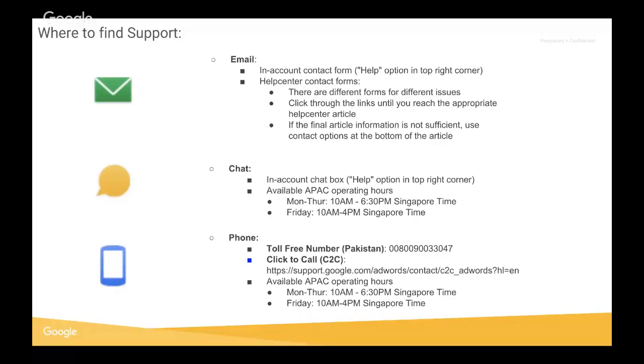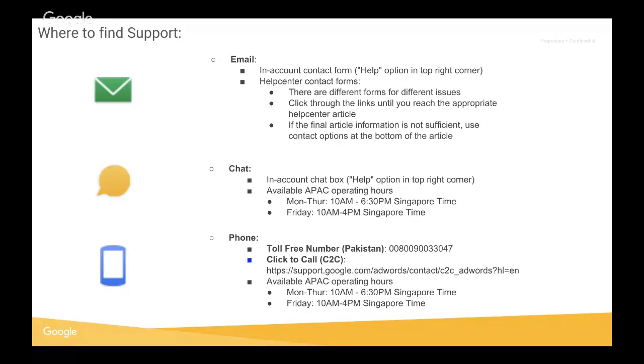Finally, we have some new phone options by which you can reach us. For Pakistan, the toll-free number is listed here, 008-009-0033047. If that doesn't work, you can also use click to call. There's a form, and you can write this down if you are interested: support.google.com/adwords/contact/C2C_AdWords?hl=EN.